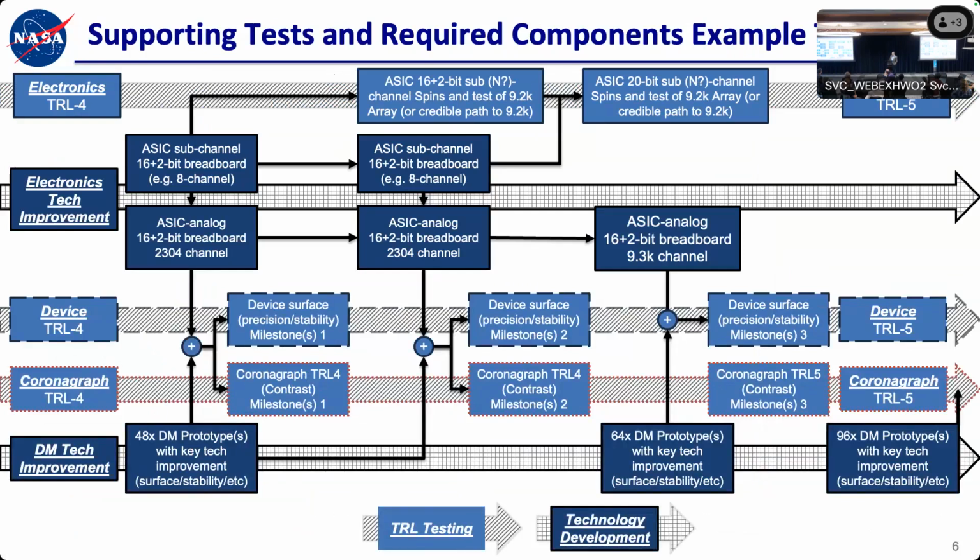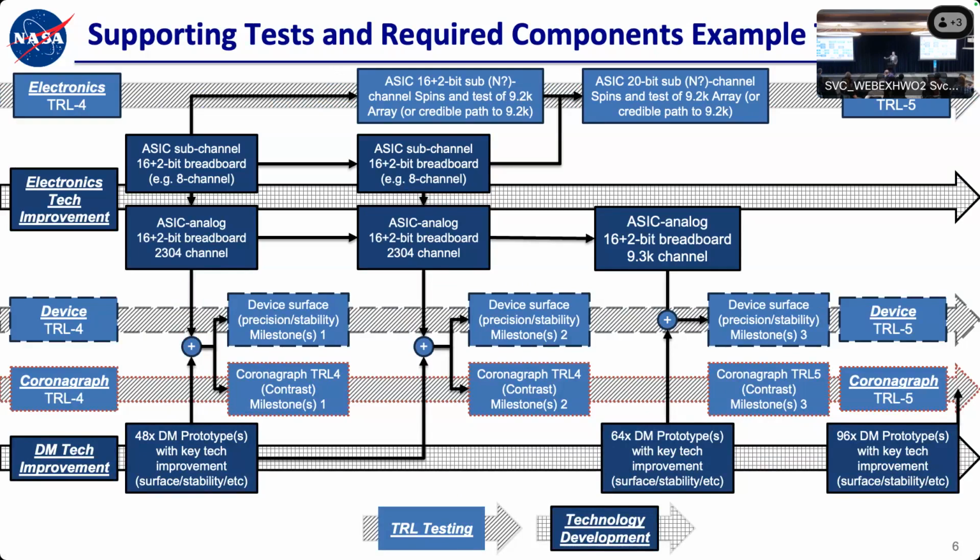This is a more detailed breakdown of how that flow could look, or how we think it should look. I broke this down into the technology development flow, the TRL milestones for the device and the electronics, and then how those are feeding into the coronagraph instrument TRL verifications.